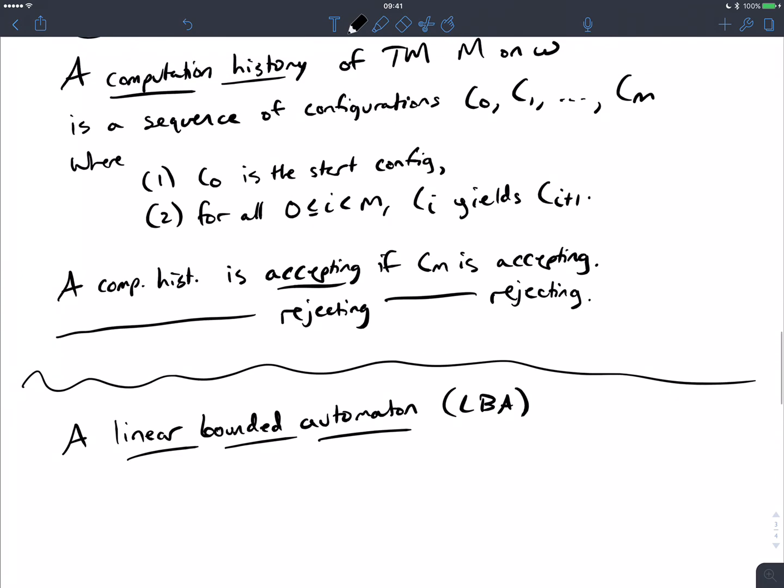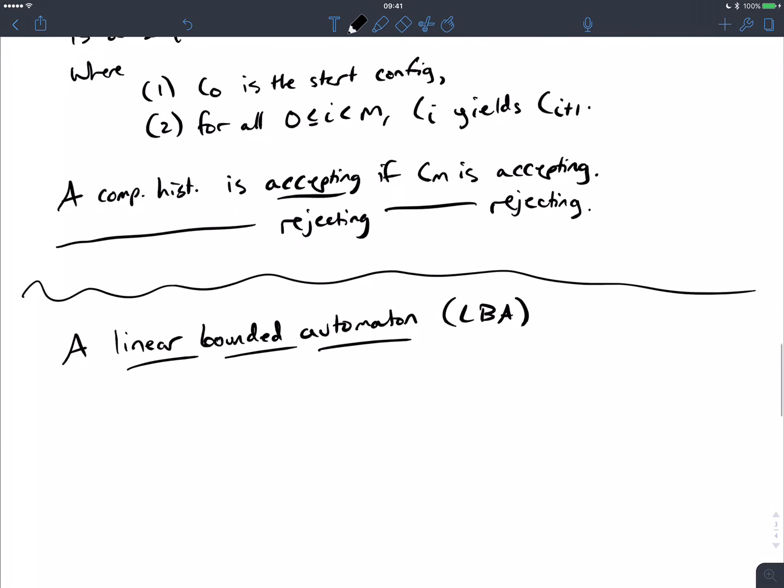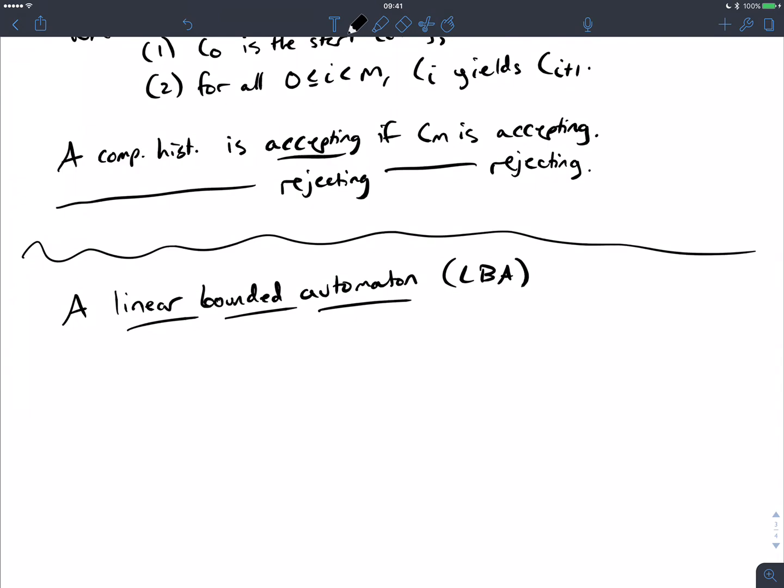But using computation histories, we can actually show that some problems about context-free grammars, for example, are undecidable, but we'll get there eventually. So an LBA is exactly like a Turing machine, but it can never move right past its input.